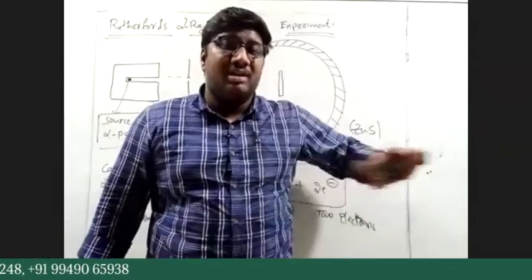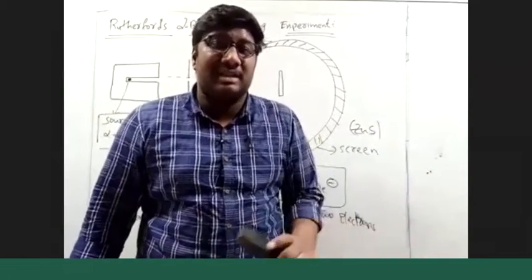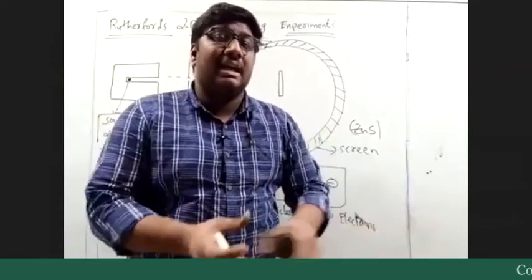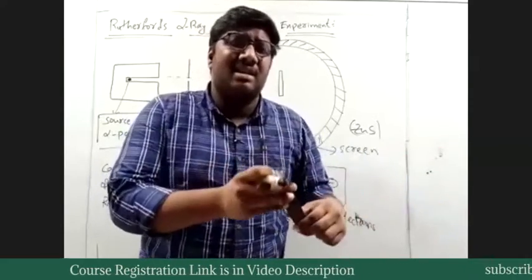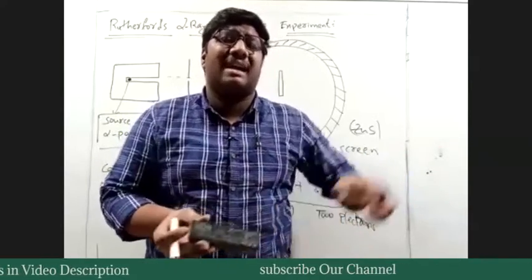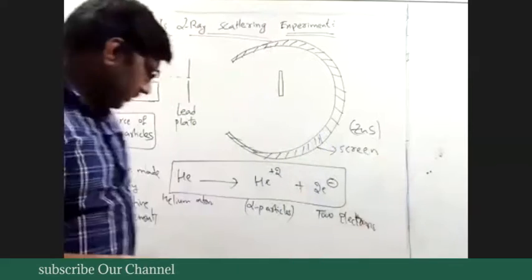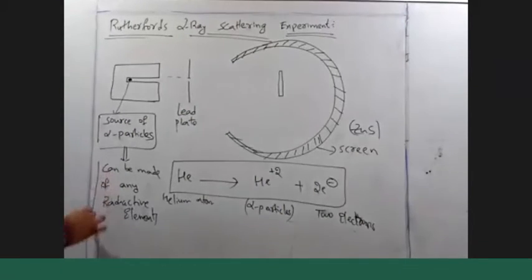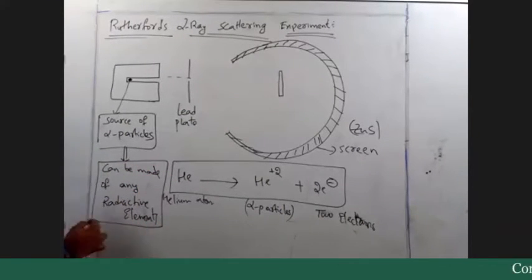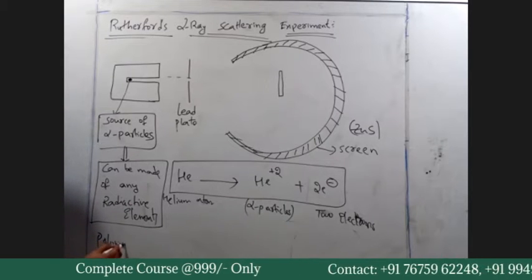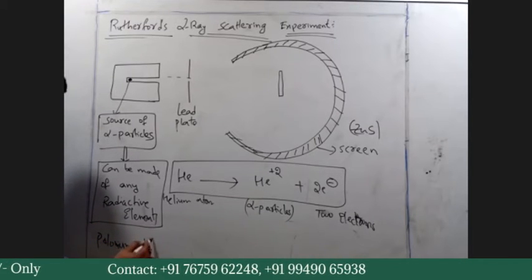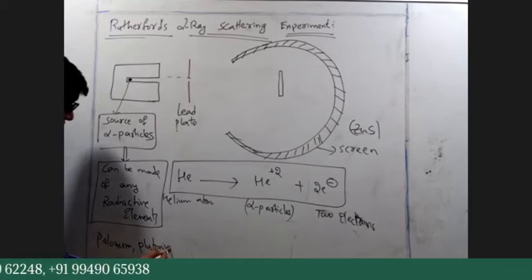They will undergo disintegrations. We specifically say disintegration. That is, they lose alpha particles, they'll get neutrons. All such reactions will occur with radioactive elements because they are highly unstable, first of all. Normally many things can be used, like polonium, plutonium, and many other radioactive materials.